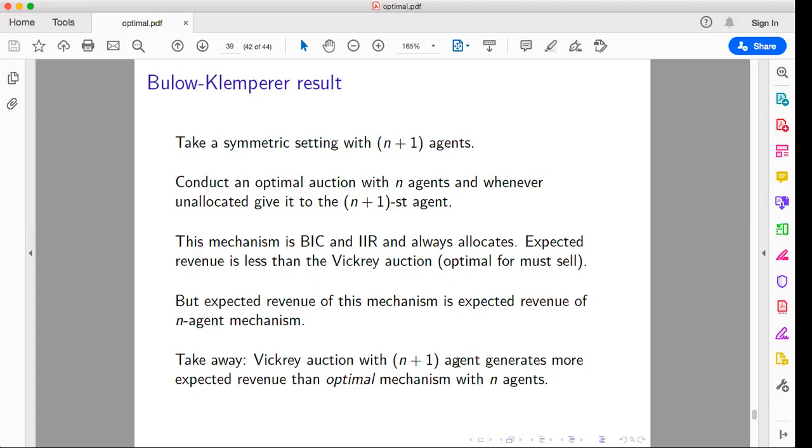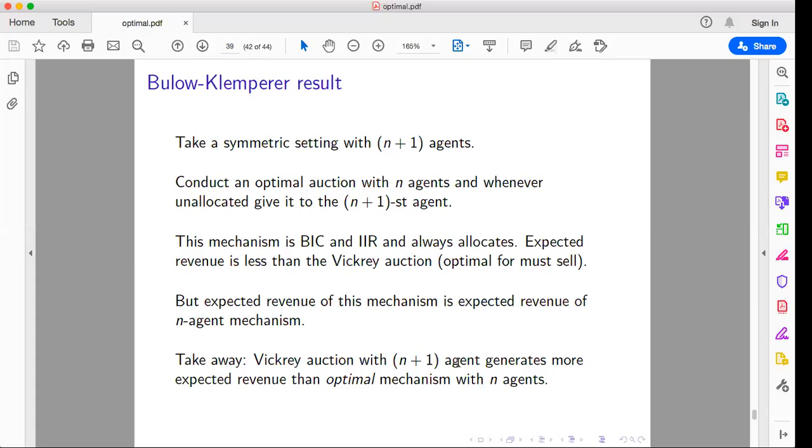But he's not comfortable setting a reserve price because he doesn't know the distribution. So what they are saying is that in that case, he should just go to the market and hire one extra bidder, and do a zero reserve price Vickrey auction. It will do pretty well. That's what this is saying.